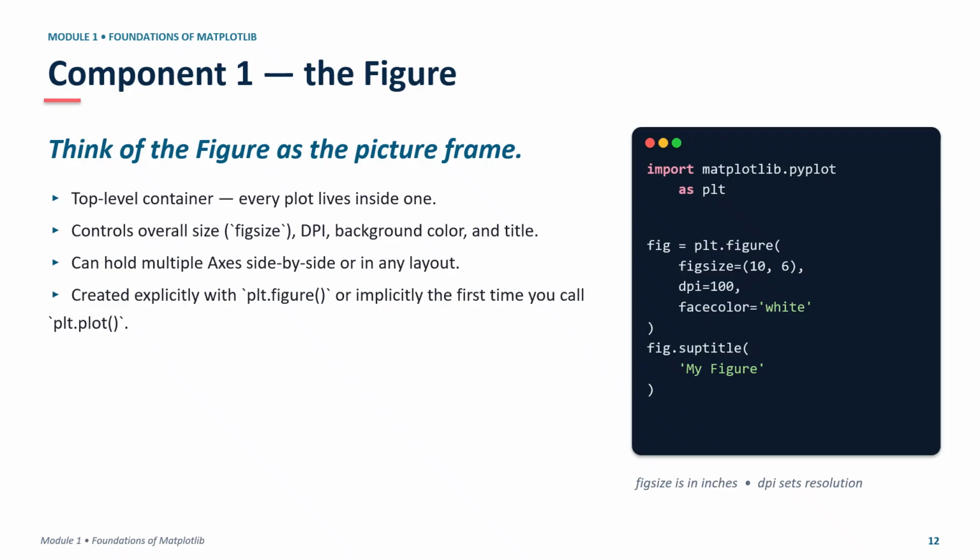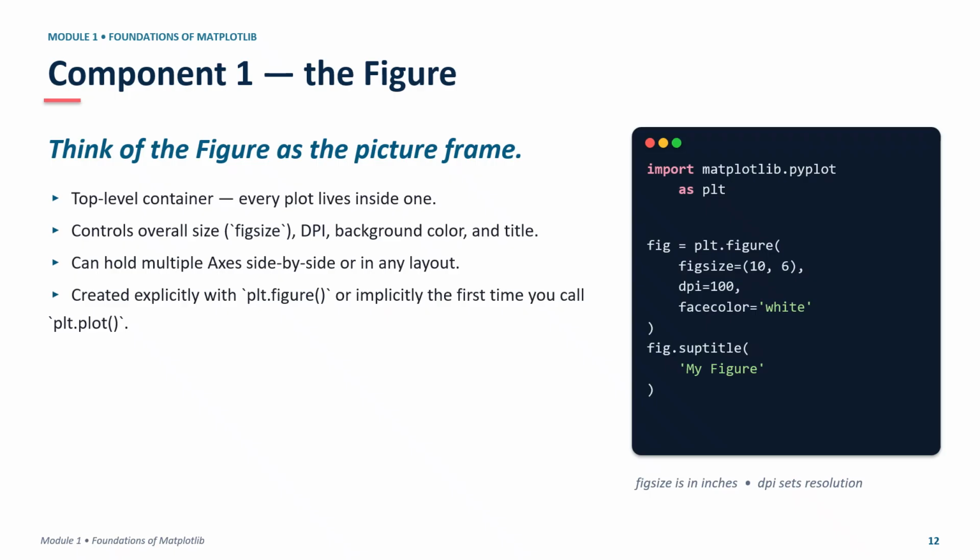Why does DPI also matter when working with a screen which has a higher resolution? When you have a higher resolution, you can save your picture for printing or for publication with 300 DPI. And if you want to give a title for your figure, you can use fig.suptitle.